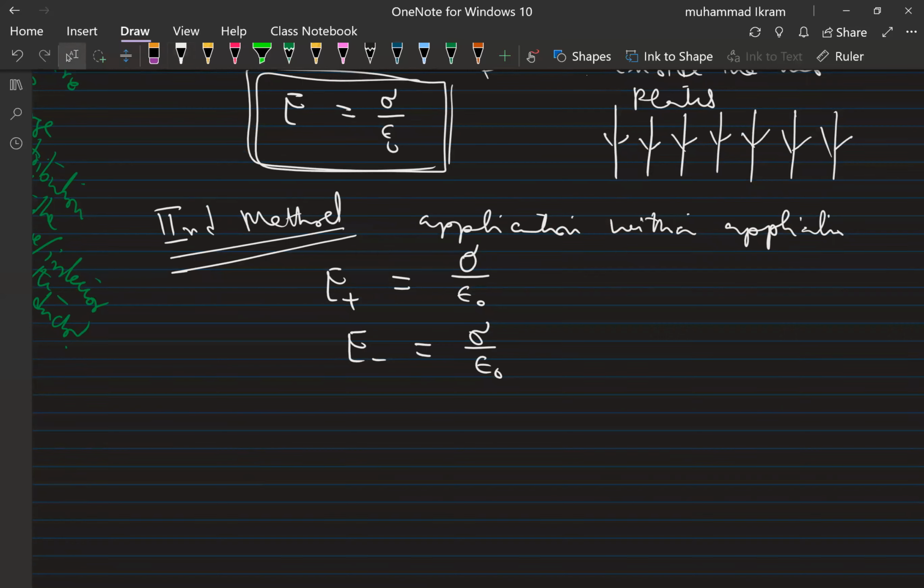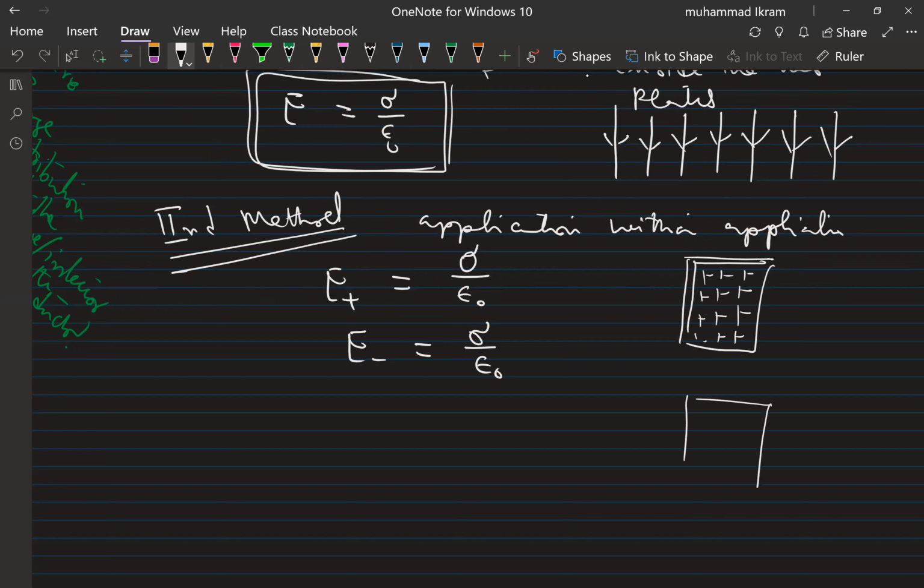That is the same, because whether the plate is positively charged or negatively charged, the surface charge density is the same.